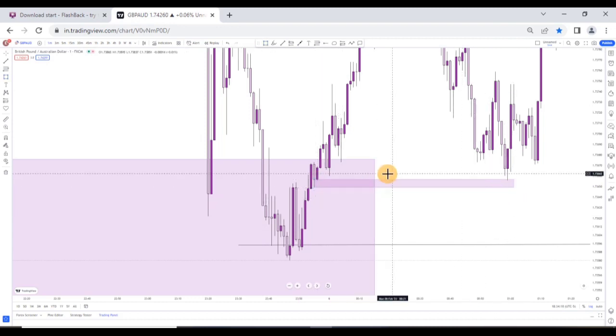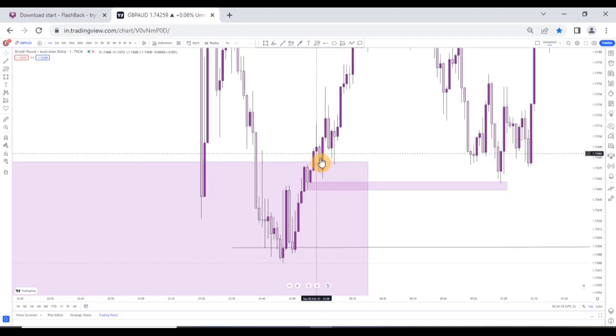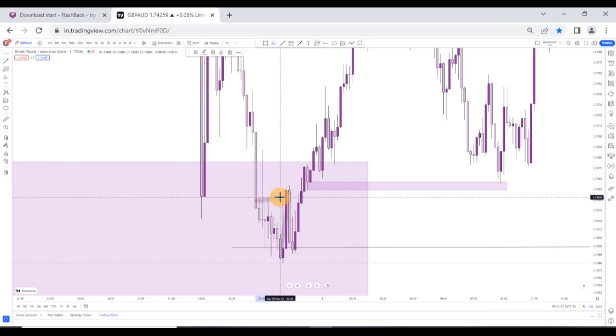Isn't it? Yes. And you see now that this first mitigation became the inducement for this guy over here, isn't it? Because look at it now, you see this nice order flow to the upside. Price moved up, broke structure here, you see this pullback, and price moved up again, causing this break of structure here.